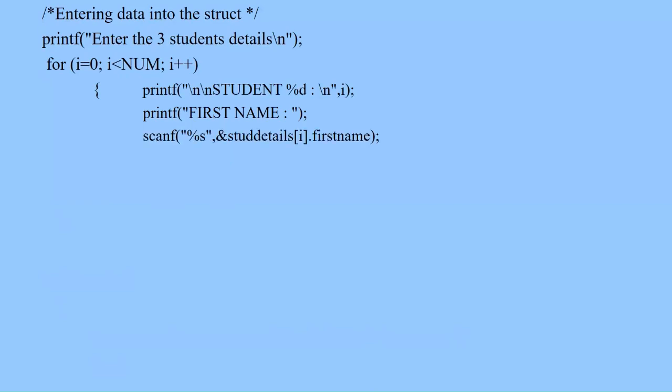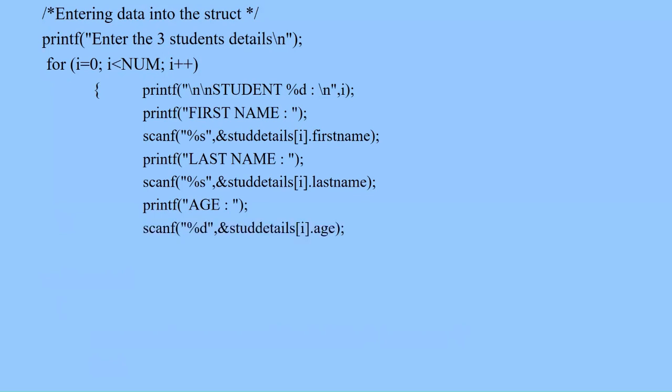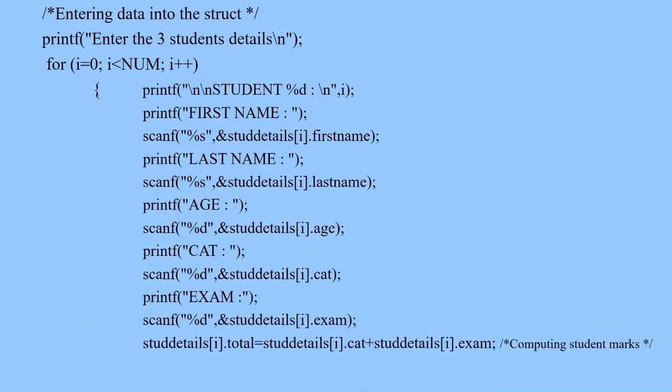That value is stored in student details subscript 0. Then the user enters the value of last name. That value is picked and stored in the member last name of student details 0. And the same will happen for age, for cat, for exam.